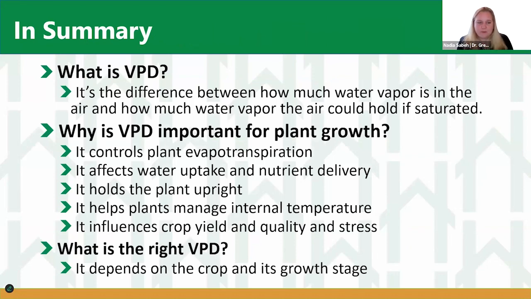It controls plant evaporation, evapotranspiration. It affects water uptake and nutrient delivery. It holds the plant upright. It helps plants manage their internal temperature through that evaporative cooling process. And it influences crop yield, quality, and ultimately stress. And what is the right VPD? Well, it depends on the crop and its growth stage.